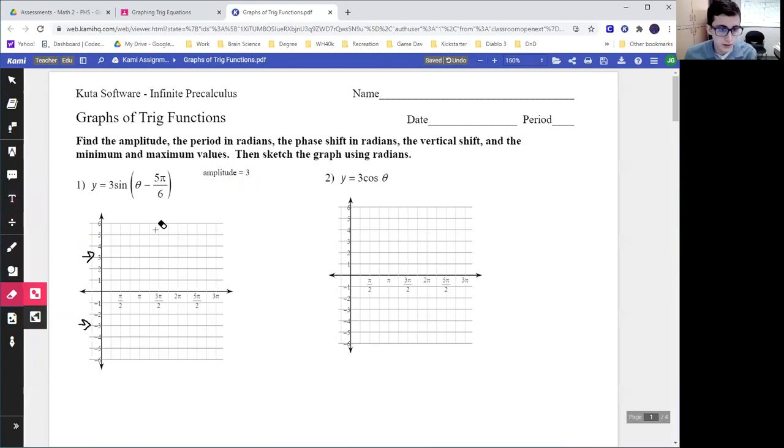The next thing we want to consider is the period. The period is saying how long it takes for the cycle to be complete. Sine is a cycle, and when one of the cycles is complete, we call that a period.